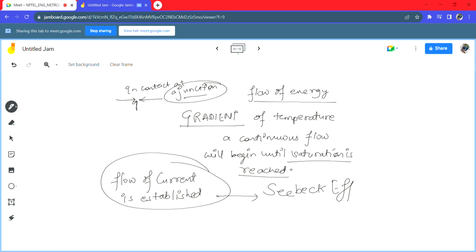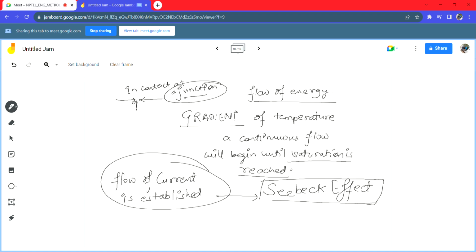So what is the Seebeck effect? Seebeck effect is nothing but the flow of current that is established between two different entities at different temperatures when brought together.